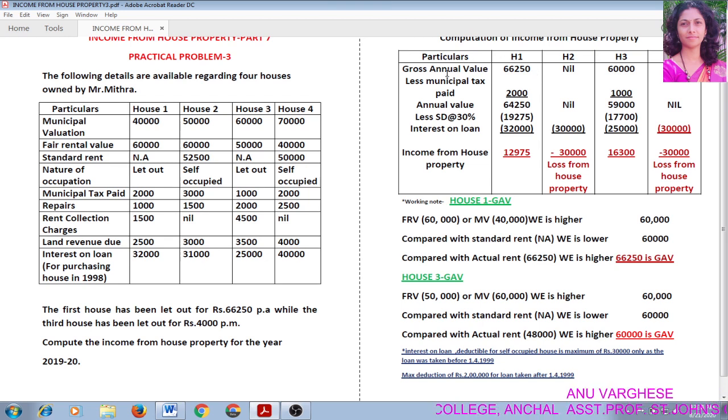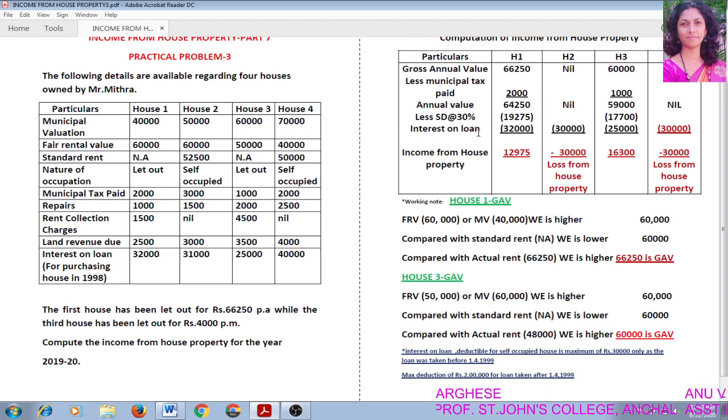Gross annual value 66,250. From that you have to deduct municipal tax paid. Municipal tax paid is rupees 2,000. When you deduct that figure, you will get 64,250. That is the annual value. From annual value, you have to deduct standard deduction at the rate of 30%, that is 19,275, 30% of 64,250.